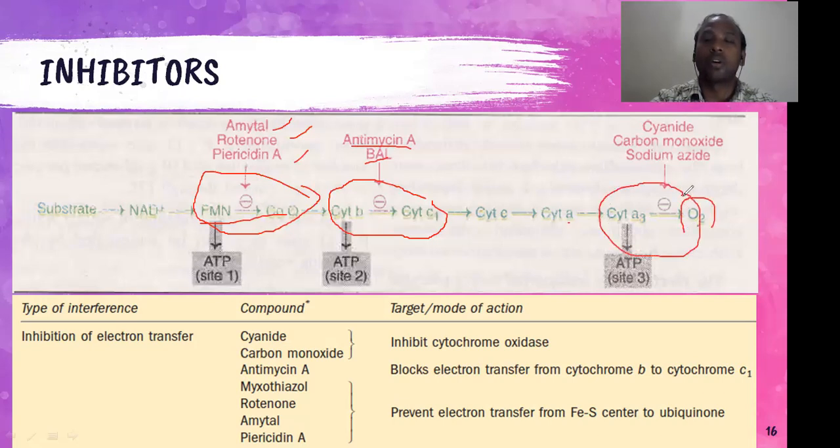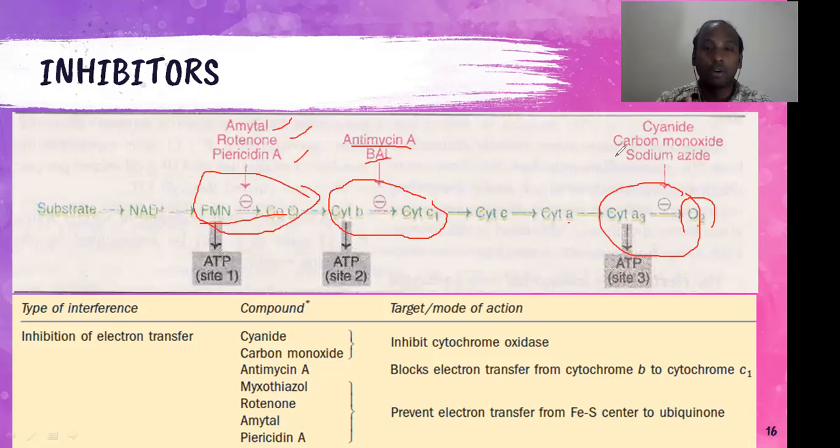On complex 4, a few molecules like cyanide, carbon monoxide, and sodium azide inhibit the complex, so that the electrons are not finally transferred to oxygen, and there is no formation of water molecule. We generally call this inhibition of cytochrome oxidase, that is complex 4.